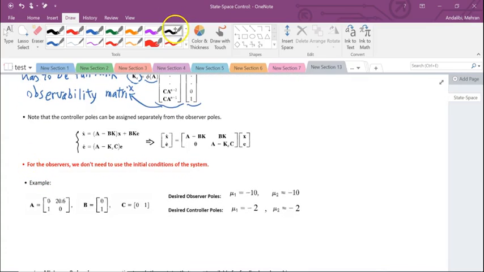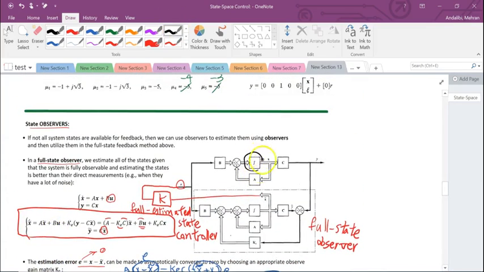By the way, here you see you have integrators, and integrators need initial conditions. So the question is, do I need to use the same initial condition of the system for the observer? The answer is no, you don't have to. If you use different initial conditions for the observer compared to the system, it's still gonna work.